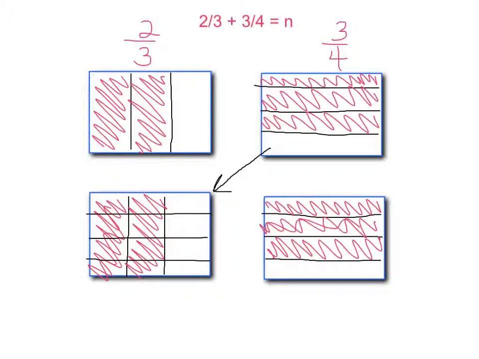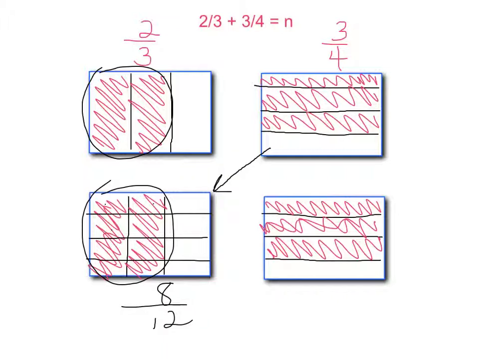Alright, and now you can see that I have created this equivalent fraction. I've got 2/3 is equivalent to this fraction here, which is 1, 2, 3, 4, 5, 6, 7, 8. 8 out of 12. 2/3 is equivalent to 8/12.